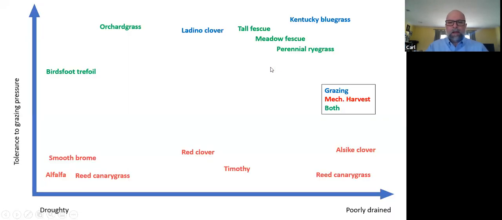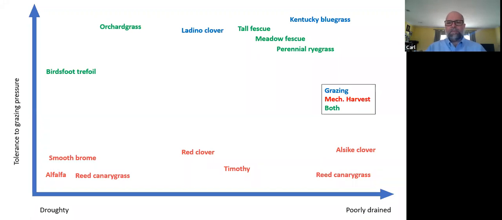All right. I had mentioned before that not all species tolerate grazing equally. Some species, like Timothy, as I mentioned earlier, have those growing points that tend to be elevated so that they're more vulnerable to being removed with grazing, and they might be better suited for mechanical harvest. Certain legumes have that upright growth habit versus a more creeping growth habit.